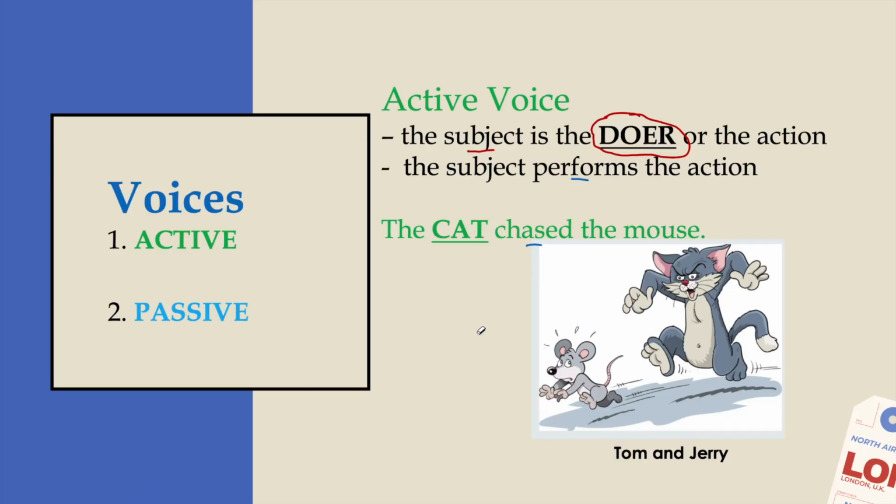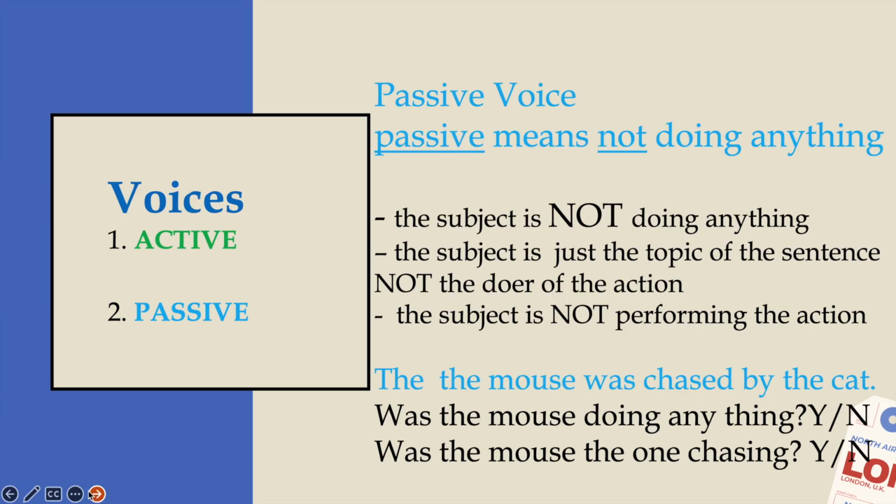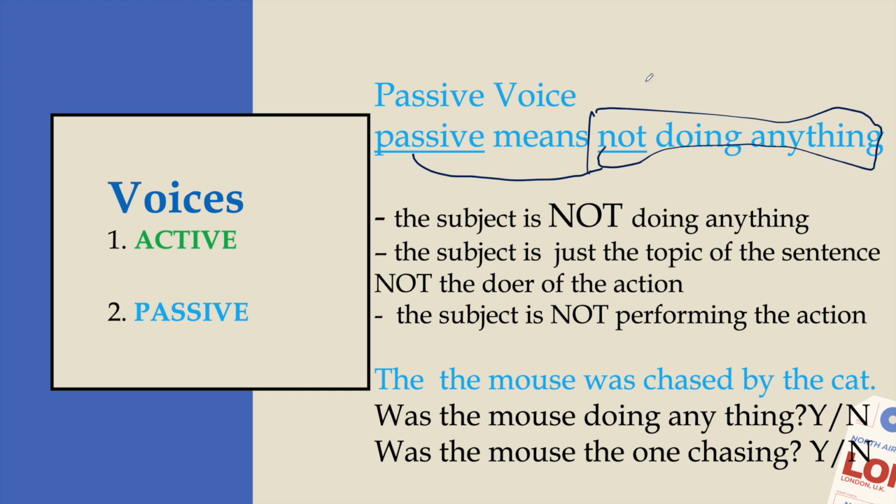All right, let's move on to the next voice, which is the passive voice. The passive voice means the subject is not doing the action. The word passive means not doing anything at all. Not performing, not acting on the action verb.